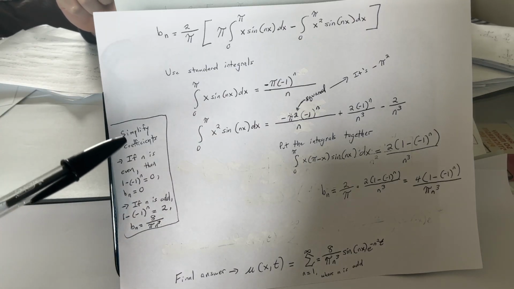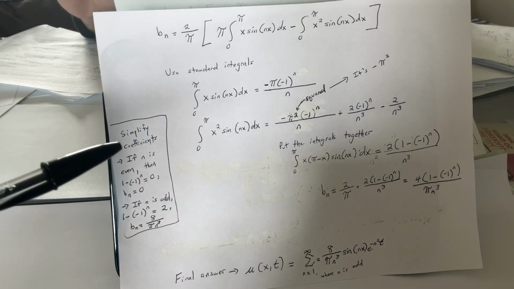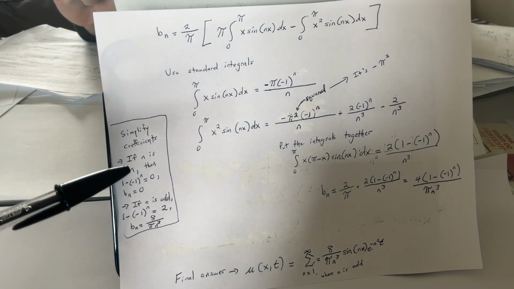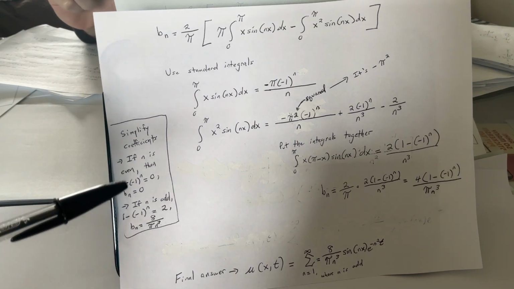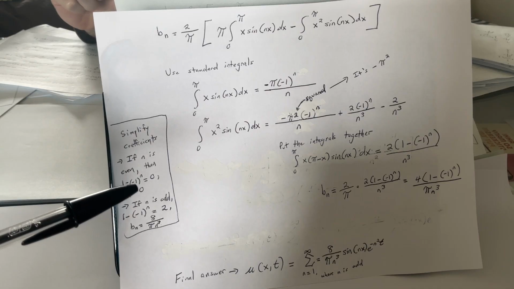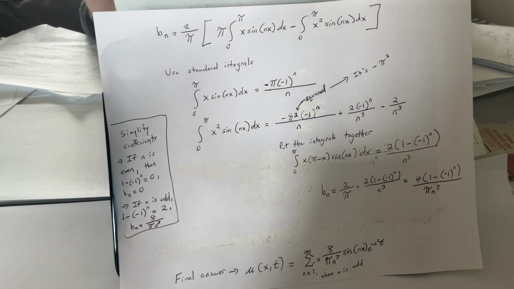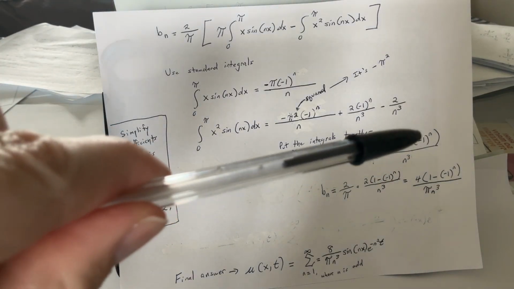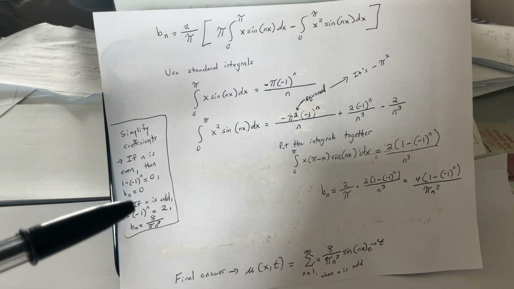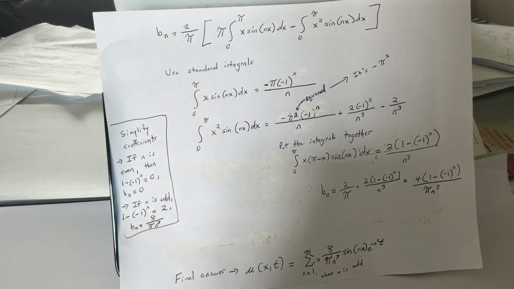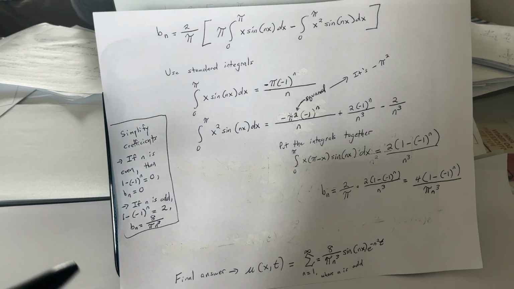And just over here, for simplifying the coefficients, if n is even, then 1 minus negative 1 to the n would equal 0, and b sub n would equal 0. That would be gone, right? B sub n would be gone.